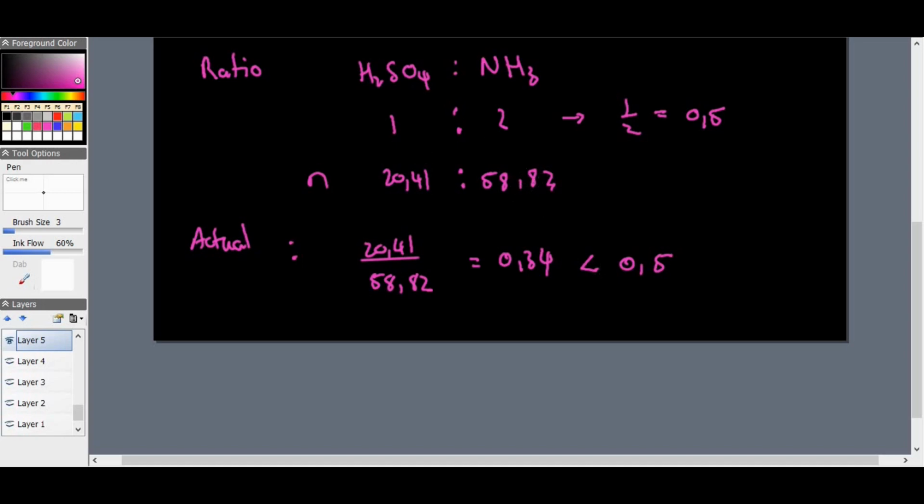So our limiting reagent, because the ratio of our actuals is less than our theoretical, therefore, we can state that H2SO4, which is sulfuric acid, is the limiting reagent. In other words, all of it, all 20,41, reacted.